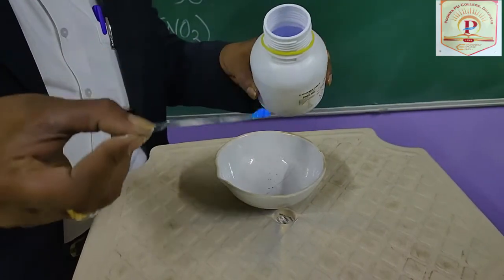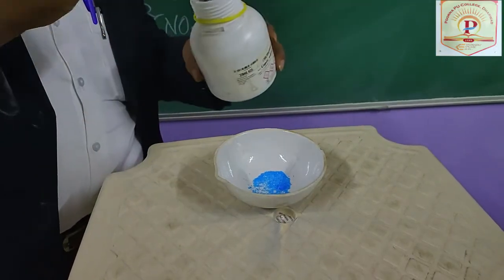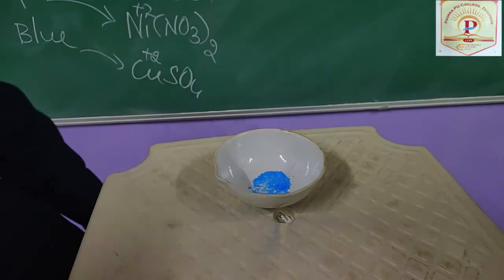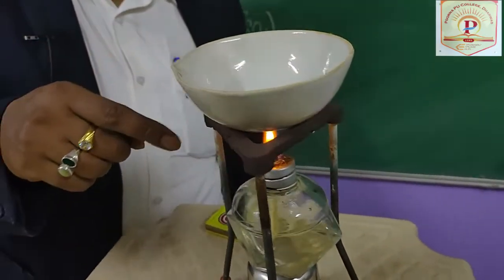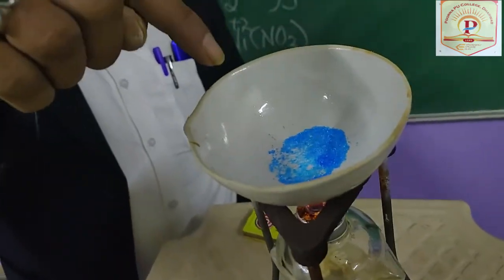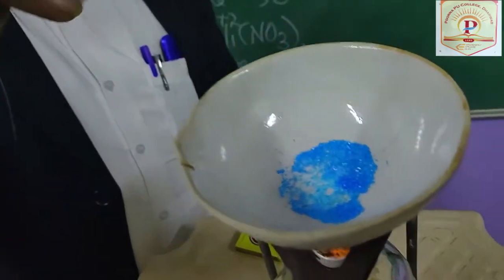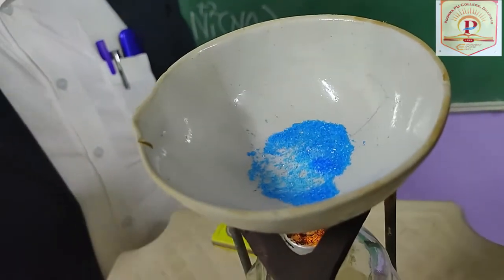Here I am taking the copper sulfate, which is blue in color. Some little crystals I have taken. Now you are observing that with the help of a spirit lamp, I have started to heat copper sulfate pentahydrate, which is present in this china dish.